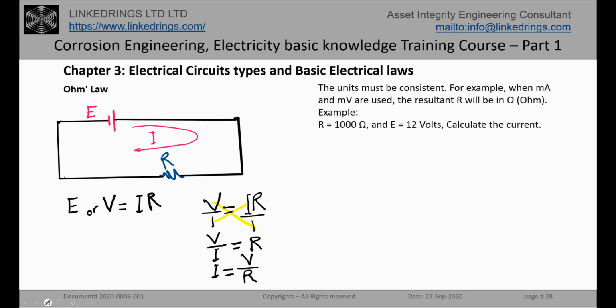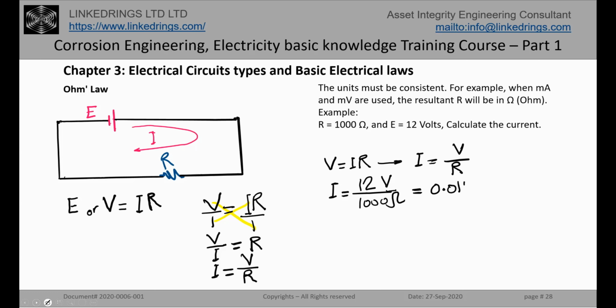So V equals IR, that means I equals V divided by R. So I equals 12 volts divided by 1000 ohm, equals 0.012 ampere, which is 12 milliamperes.